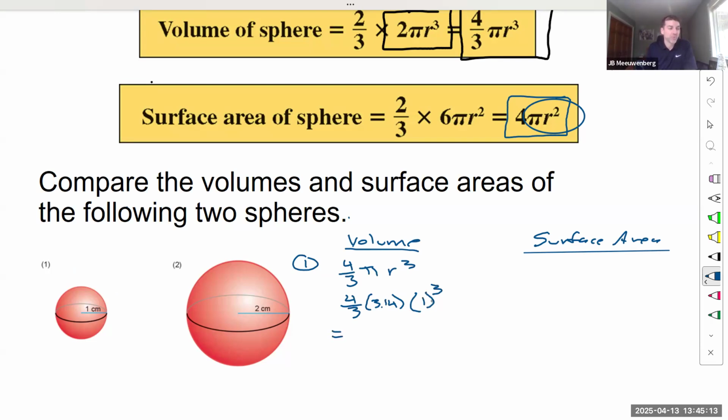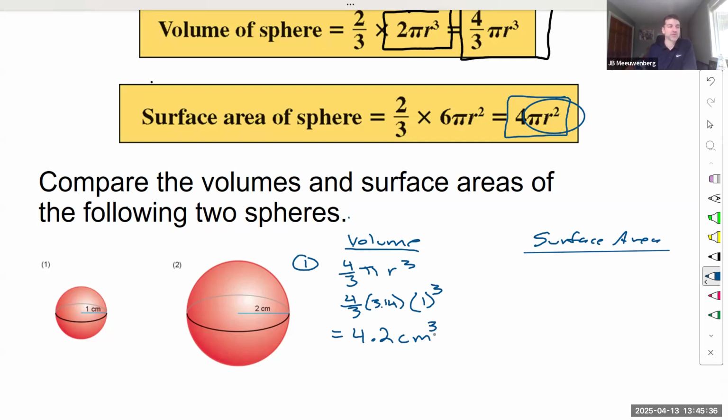If we calculate that, we end up with just 1. We multiply 4/3 times 3.14, and we get approximately, we'll have to round this, we'll just call it 4.2, just to make a nice, somewhat neat number.